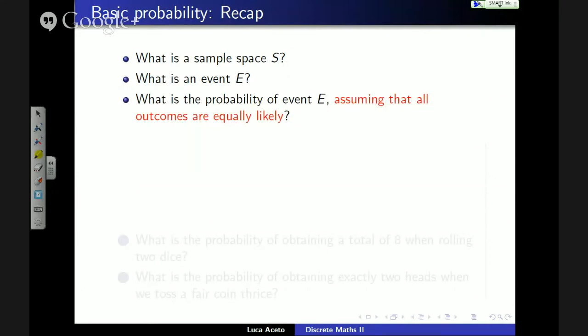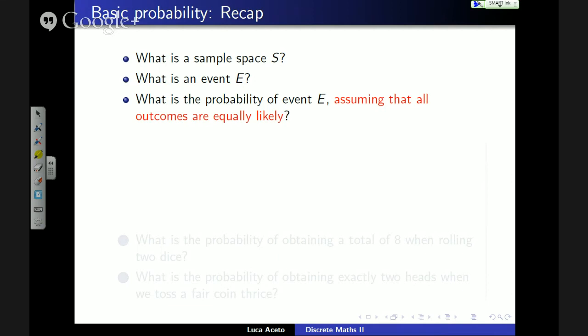What is an event in probability theory? So for instance, let me think about the die throw that I gave you before. Is the outcome an even number?